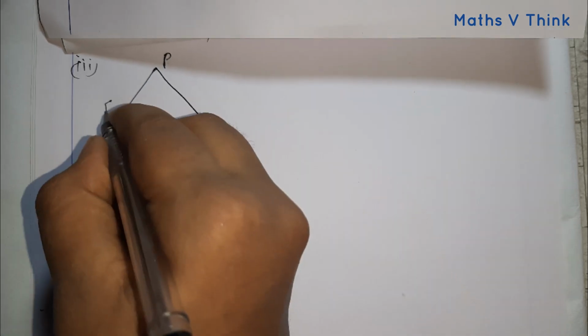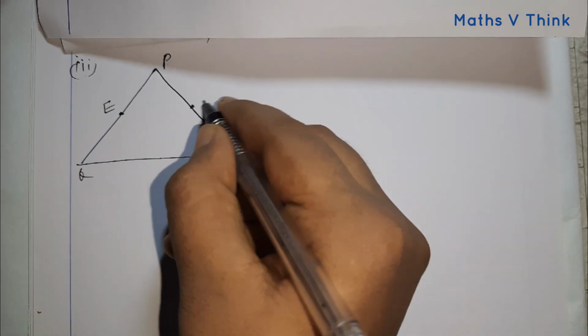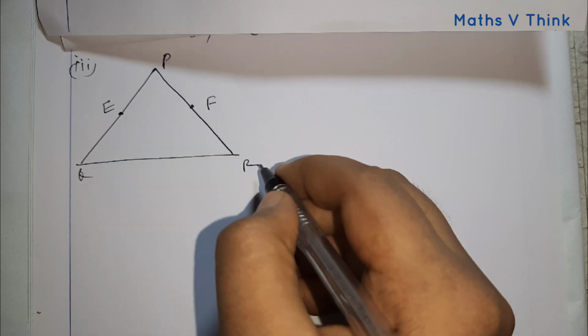Now third subdivision. Same way again, draw a PQR triangle. E is the point on PQ and F is the point on PR.